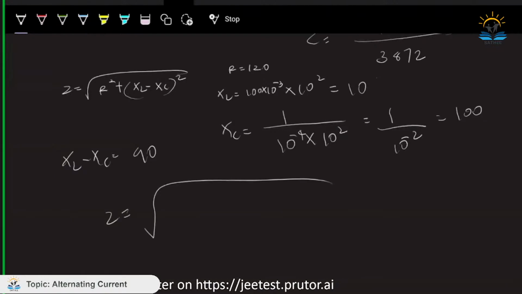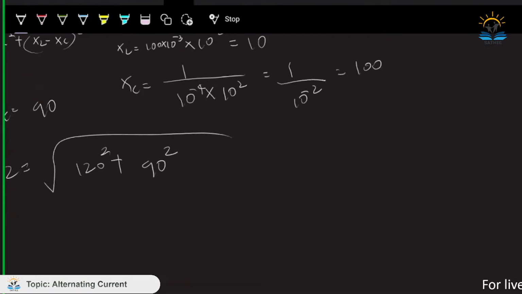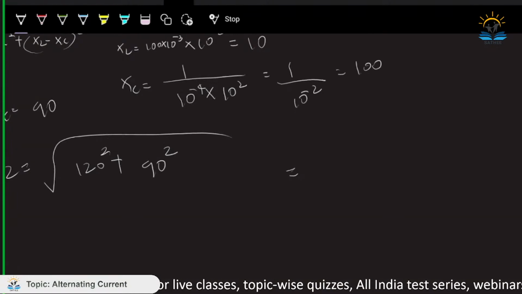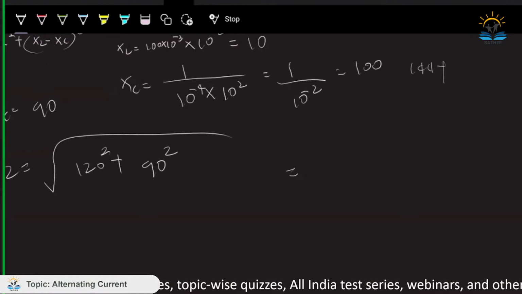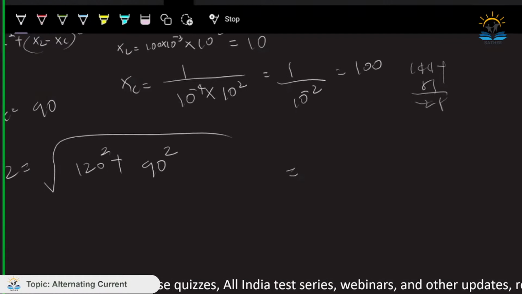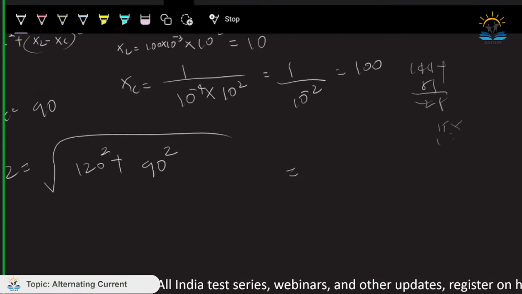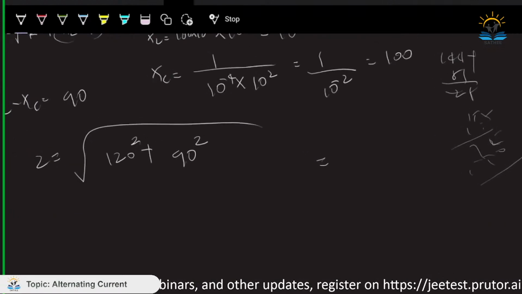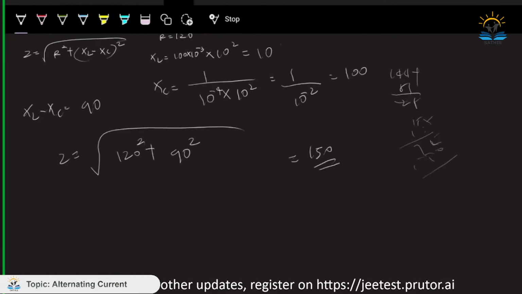So Z will be root of 120 square plus 90 square. 12 square is 144, 9 square is 81, sum 225, so root is 15. It will be 150.